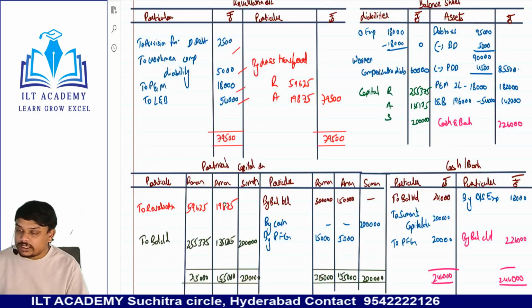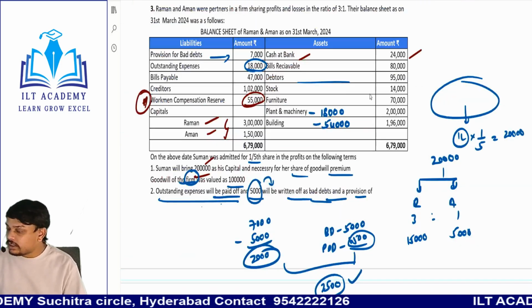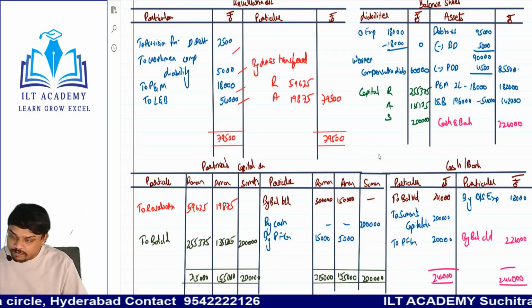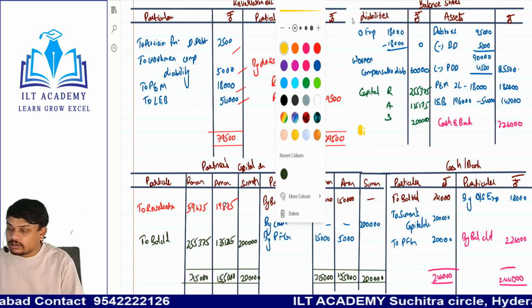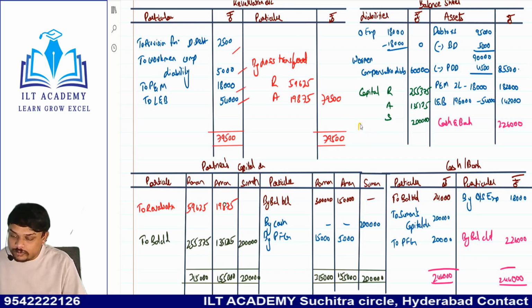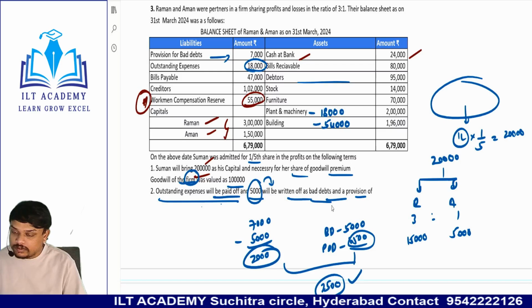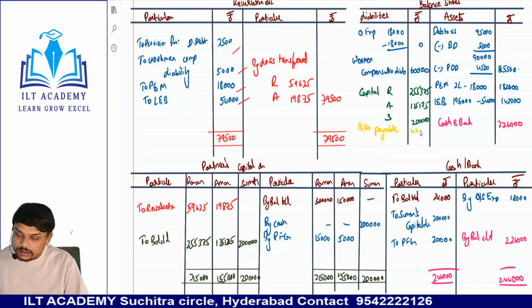Provision for doubtful debts we have adjusted. Outstanding expenses we have closed out, and bills payable is 47,000.